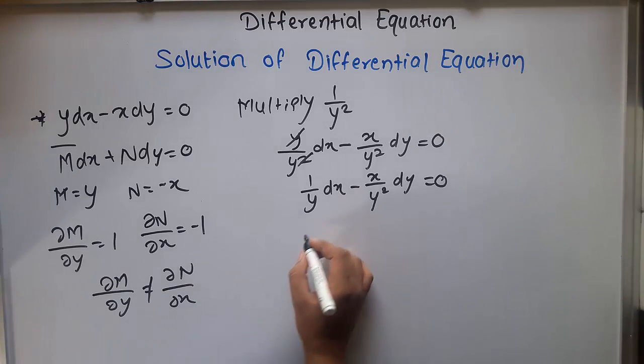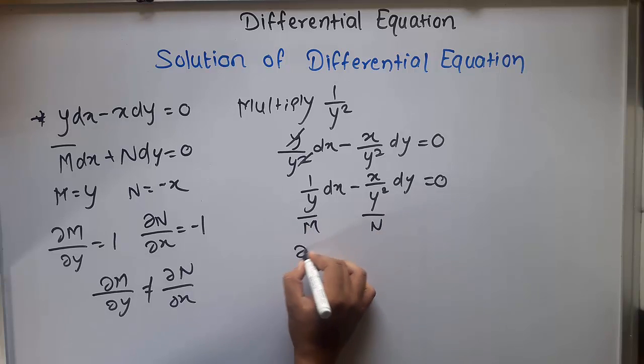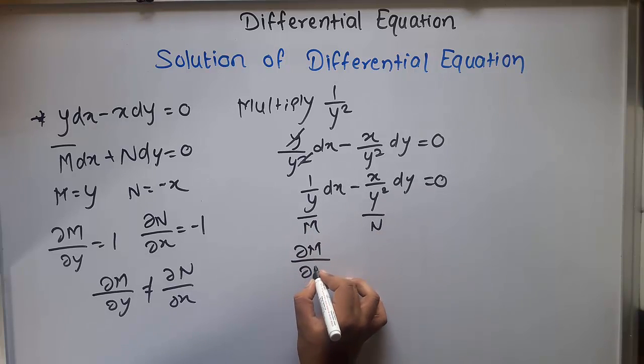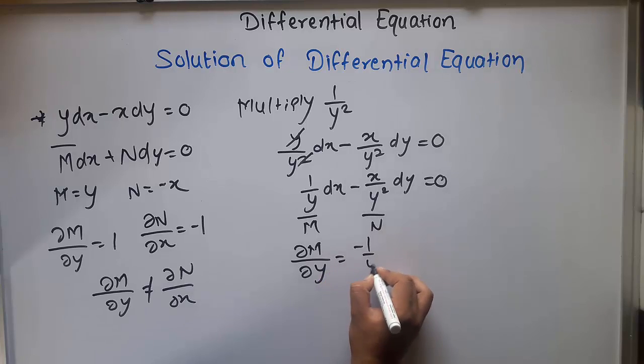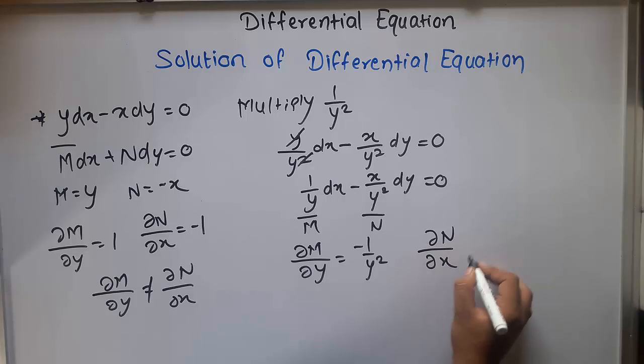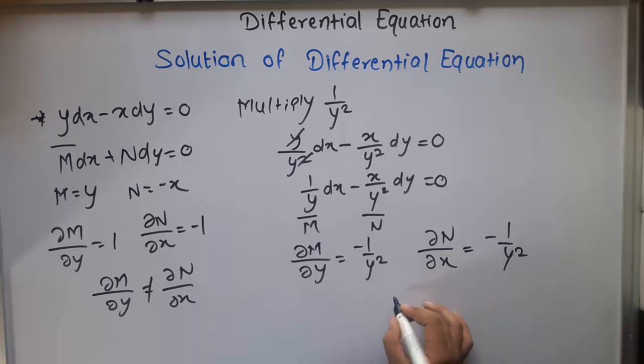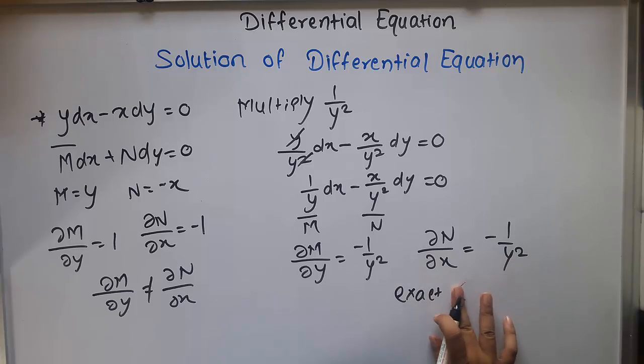Now this is our M, this is our N. So del M by del y gives minus 1 by y square and del N by del x gives minus 1 by y square. This means it forms an exact differential equation.